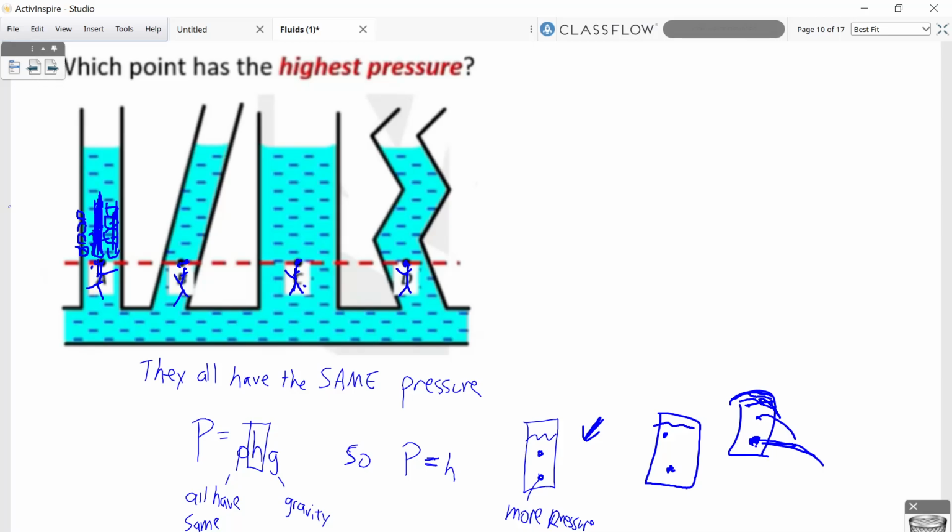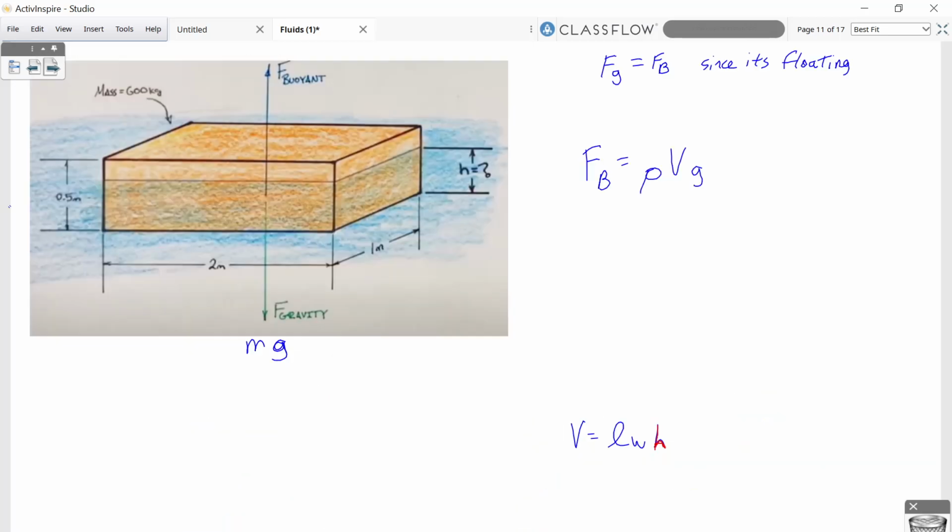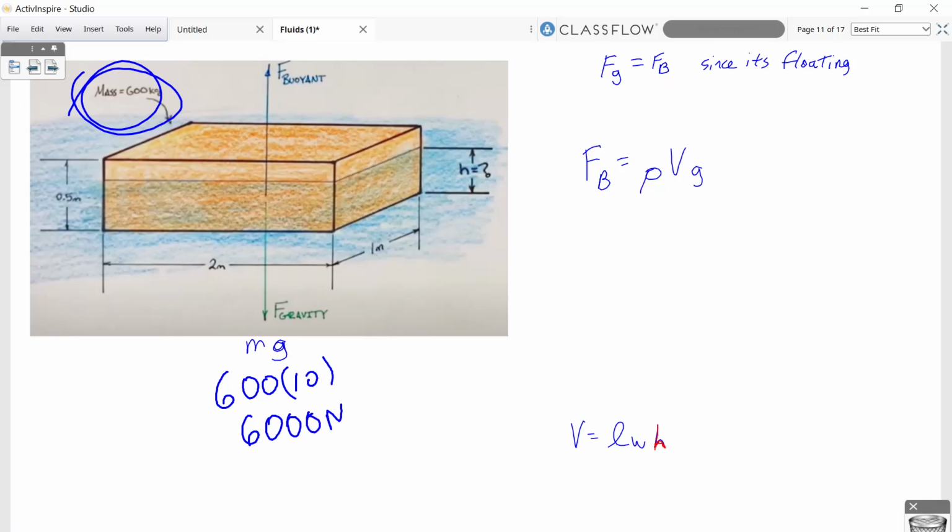Okay. So let's take a look at this problem now. We want to find out how much of the object is underneath the water. Okay, so we have our values here. Let's plug in our mass and gravity, right? So our mass is right here, 600. So this is 600 newtons, 6,000 newtons. Okay.